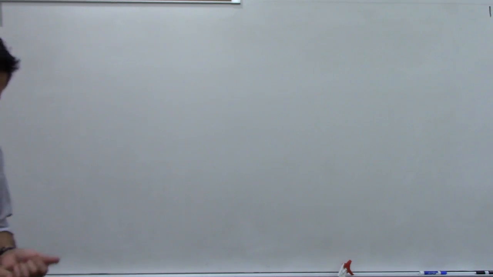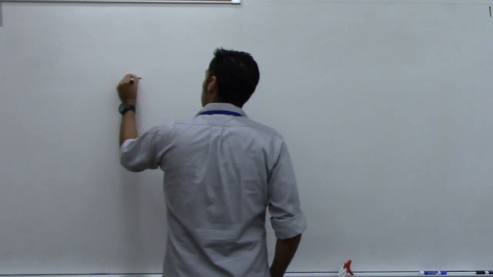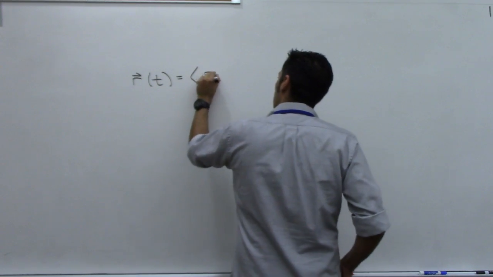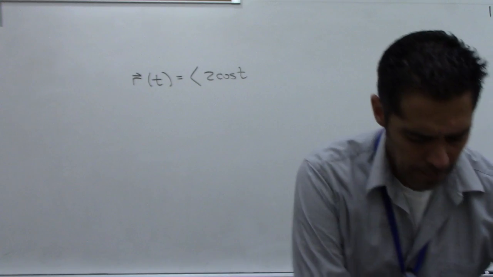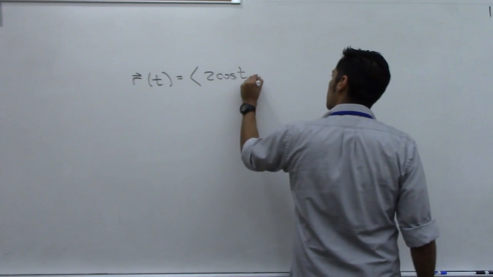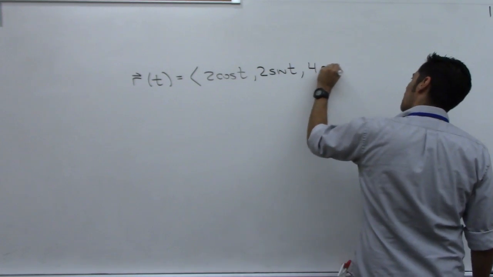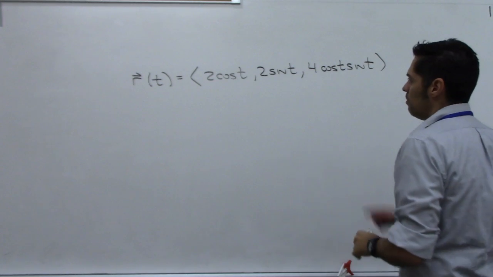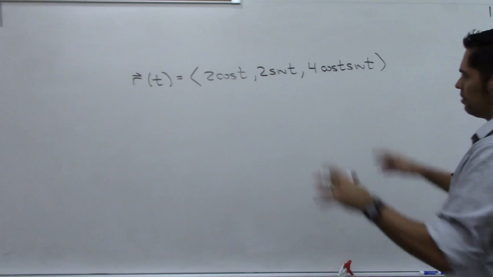I wanted to take a minute to talk about 28 again real quick. We had come up with 2 cosine t, 2 sine t, 4 cosine t sine t. And we said that this would draw the intersection of that cylinder with that weird surface.